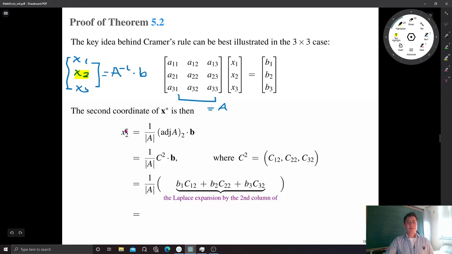So x2 star: because A inverse is the reciprocal of the determinant times the adjoint of matrix A, it is determined by the second row of the adjoint. And remember, the adjoint of matrix A is the transpose of the cofactor matrix.